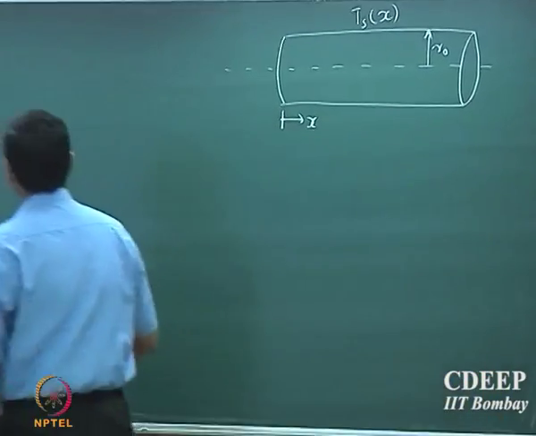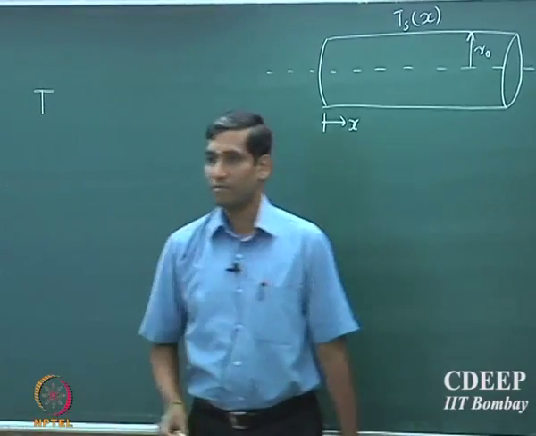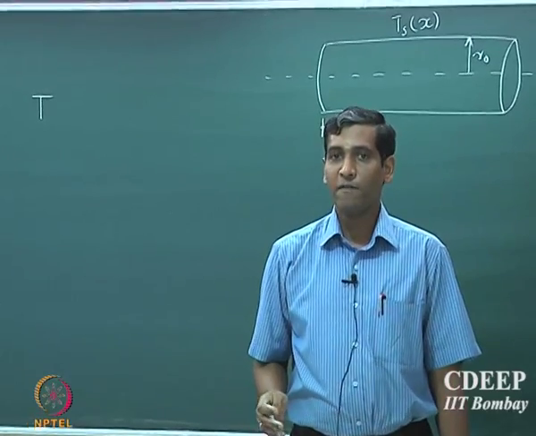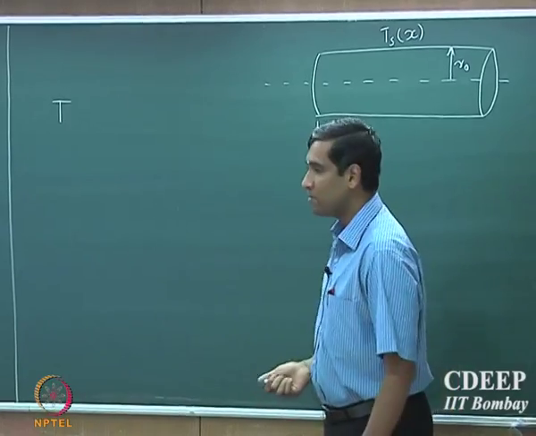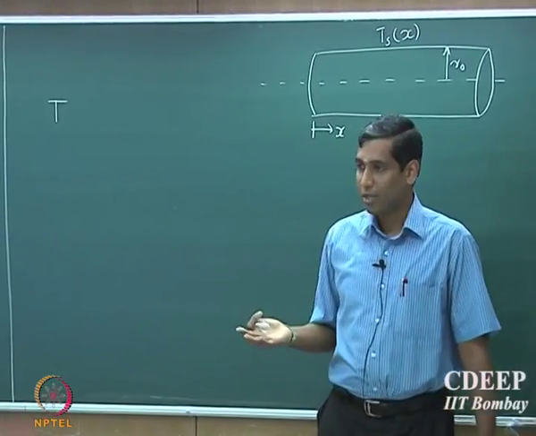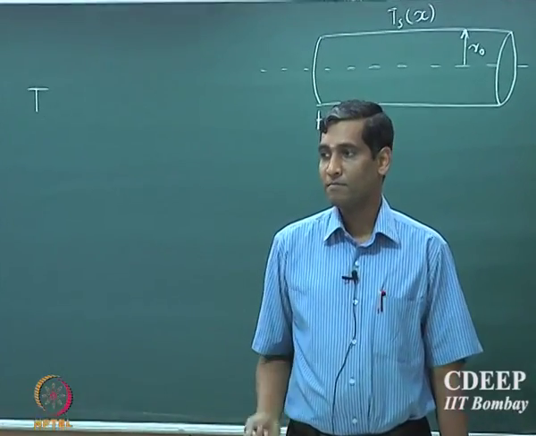So, now if I want to find the temperature distribution inside the tube, let us say in the fully developed regime. Okay. So, what will be the general functional form?